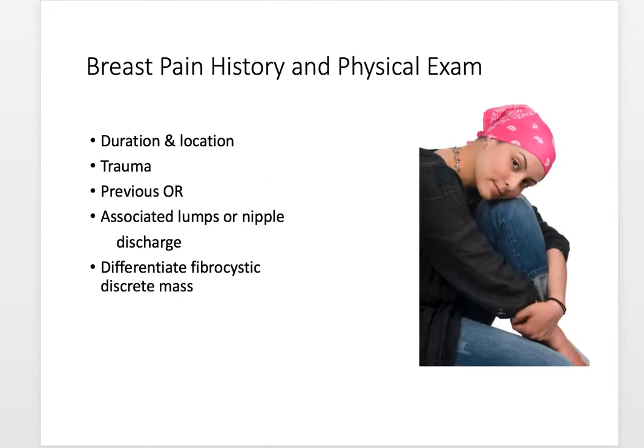So other things that you need to make sure, if there's breast pain, was there any previous trauma, associated lumps, nipple discharge with the breast pain, and then differentiate fibrocystic versus a discrete mass. So remember, your fibrocystic are those lumpy, bumpy breasts.